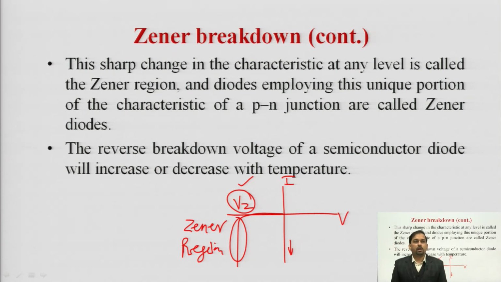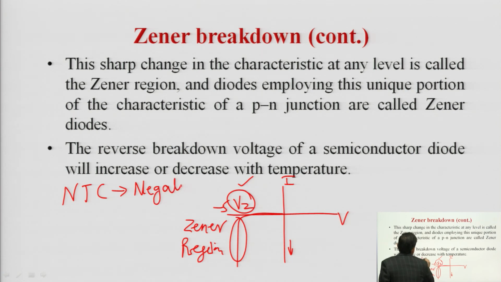Now, this reverse breakdown voltage of a semiconductor diode will increase or decrease with respect to temperature. It has been seen that up to -5 volts, it shows NTC, which is called negative temperature coefficient.